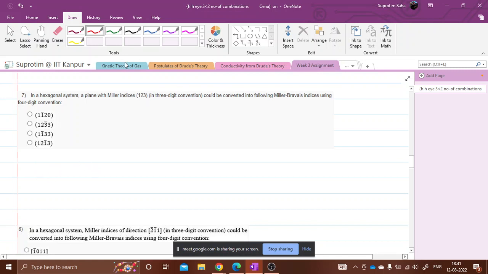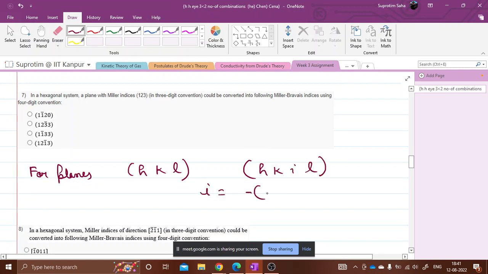So for planes, from 3-digit convention HKL it appears as HKIL, where I equals minus H plus K. So in 4-digit convention, it can be written from 1 2 3: H and K remain the same, and I is minus of 1 plus 2, that is 3 bar, and L remains the same as above.